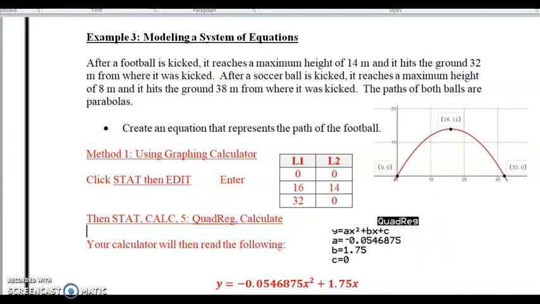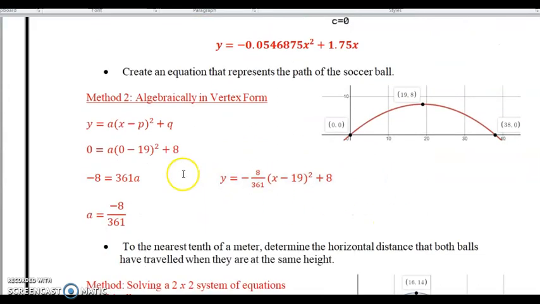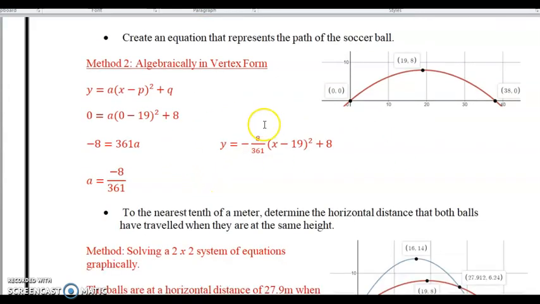I'll do it again, and you can do it again with the other one if you wish, but you don't have to. So then I did the second one algebraically. I know it's in the graphics section, but I did algebraic because you guys know how to do this. This was a soccer ball. It said it had a maximum height of 8 at 38, so therefore it was 19, and 8 was your vertex. So we put it in vertex form with my a value, and there's my equation.